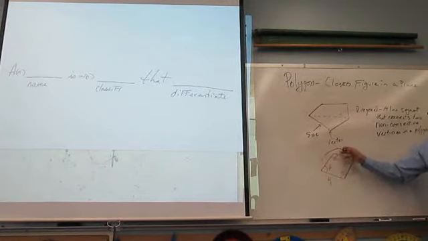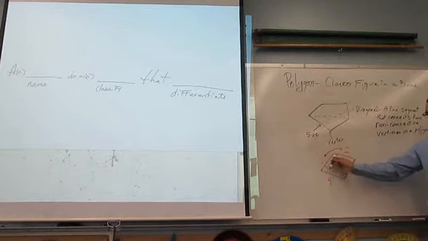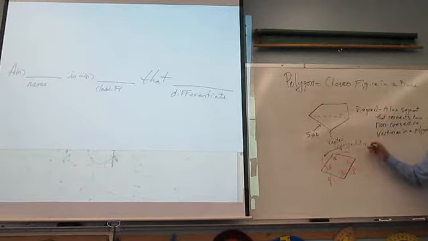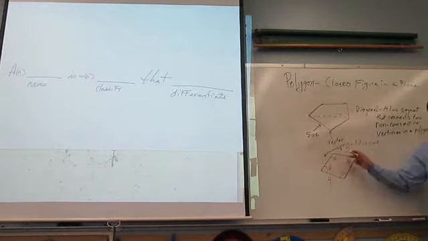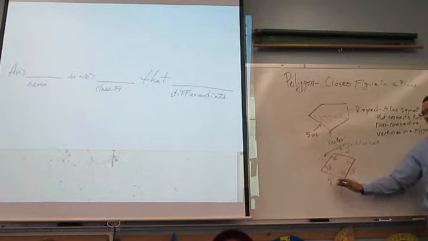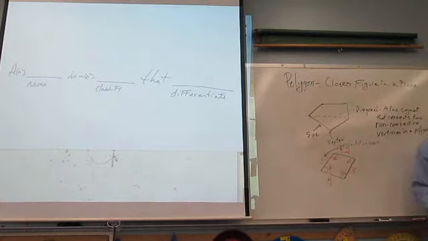Sides that are touching each other or right next to each other are called consecutive sides. So side 1, side 2 are consecutive, side 2, side 3 are consecutive, side 3, side 4 are consecutive, side 4 and side 1 are consecutive. They are touching each other, they share a vertex.